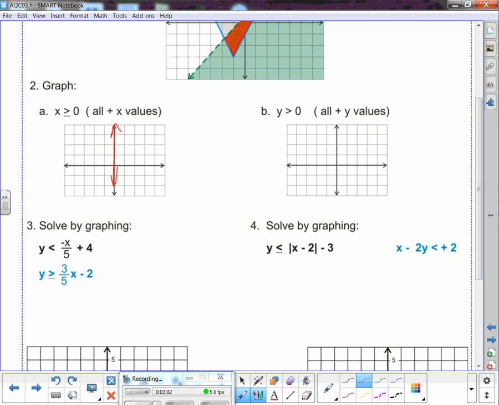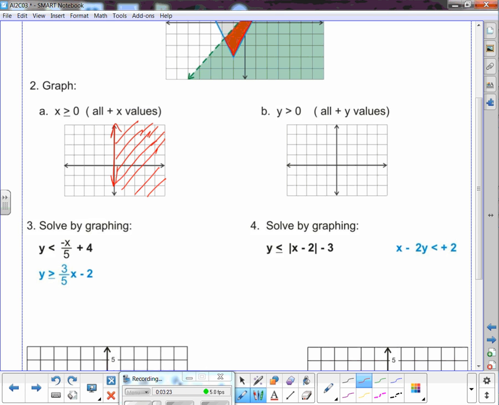It's 0. And we have x greater than or equal to 0. And then all the shading is going to be off to the right, because no matter what point you pick to the right, it has an x value greater than or equal to 0.